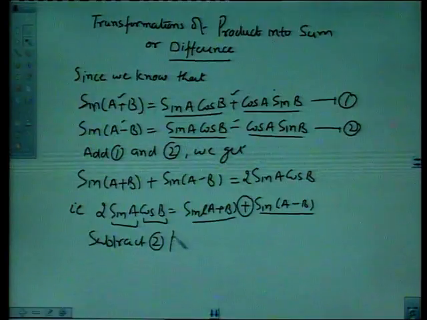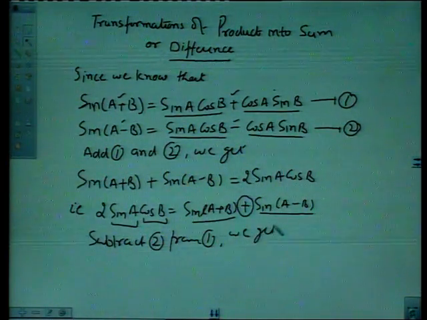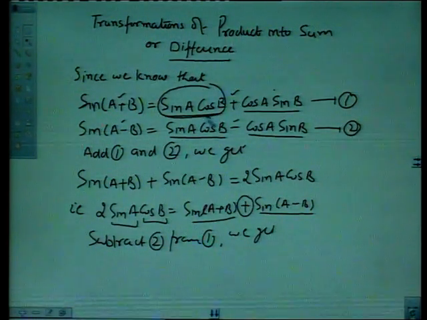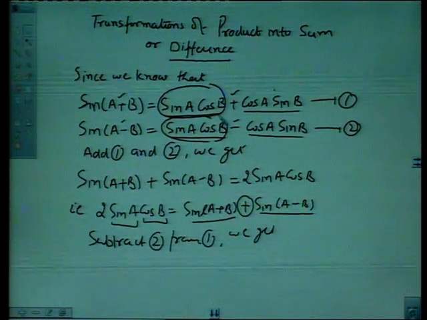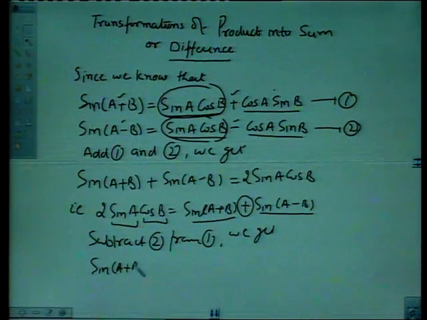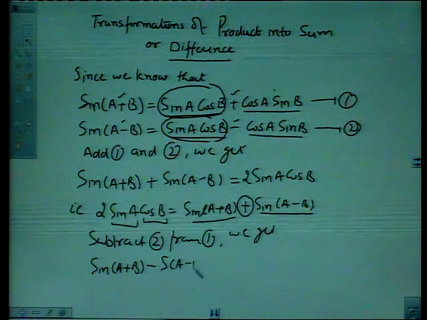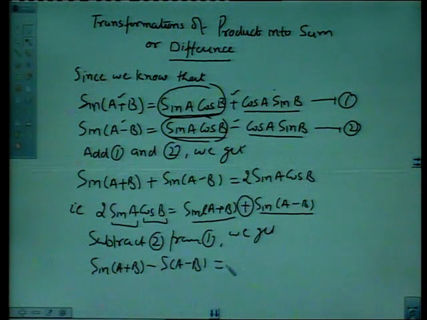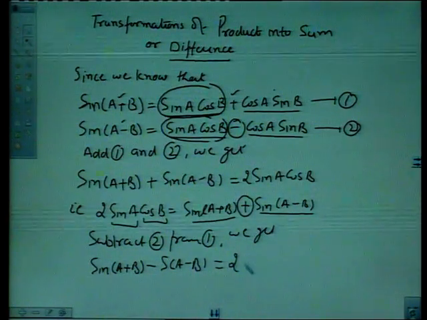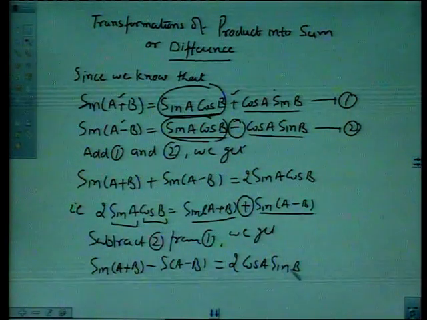Similarly, if you subtract the second equation from equation number first, what will we get? When you subtract, sin A cos B will cancel with sin A cos B. So, the left hand side becomes sin A plus B minus sin A minus B is equal to, when you subtract, minus becomes plus, 2 times cos A sin B. So, again what is happening here?